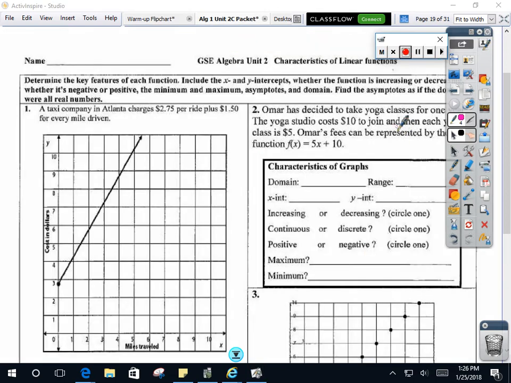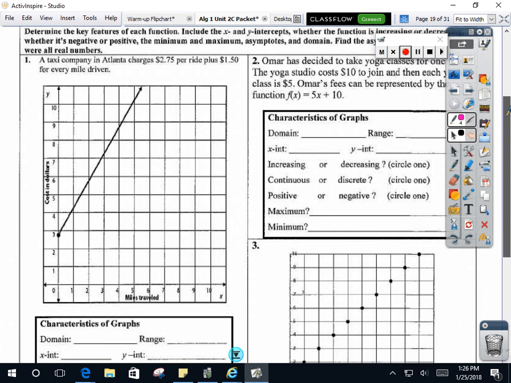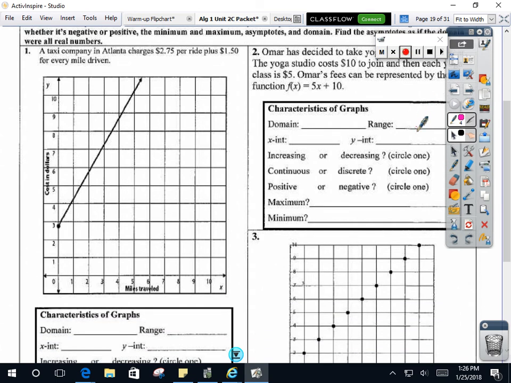Okay, number 1. A taxi company in Atlanta charges $2.75 per ride plus $1.50 for every mile driven. Now, this scenario has been graphed below, but I'm also going to write the equation of it.